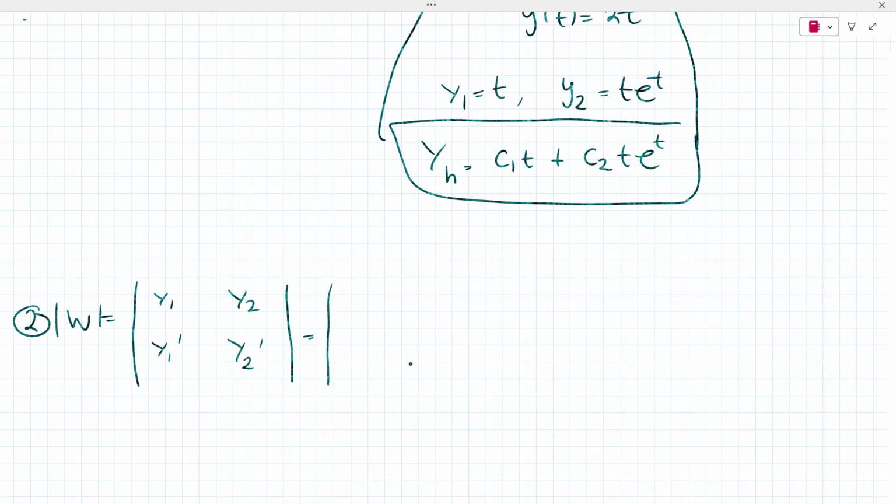So my y1 was given, t, and then the derivative of t is 1. My y2 was given, it was t e^t. And then the derivative of t e^t is the product rule, right? When you take the product rule, you're going to get t e^t plus e^t.